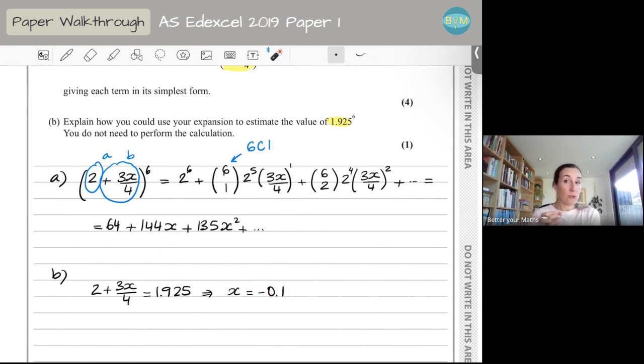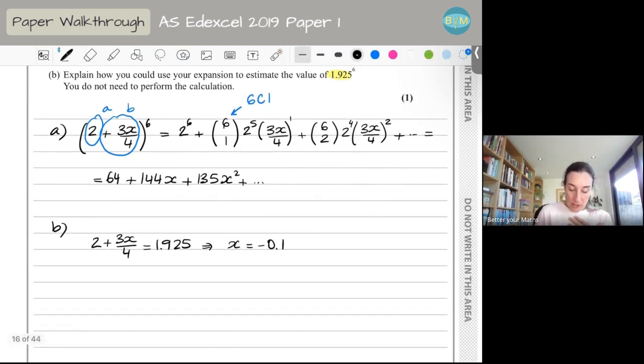So they are going to be actually very good approximations. Yeah. So what you have to explain is you are going to substitute x equal minus 0.1 in the binomial expansion that you found in question 1.